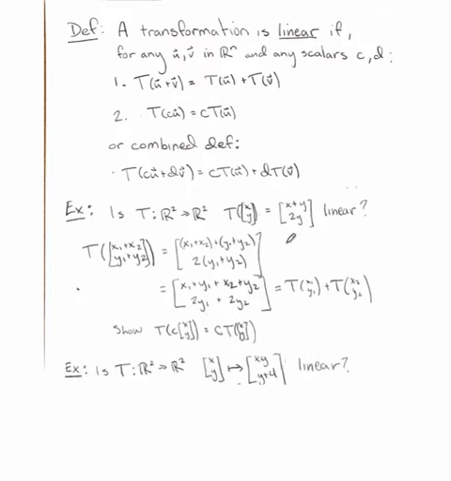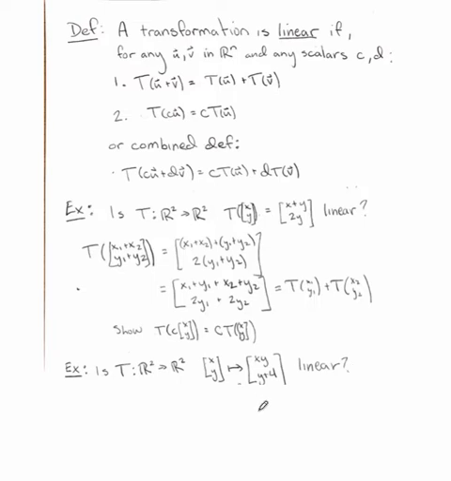Notice that whenever I was showing this was linear, I had to use general variables. It's not sufficient if I just said, let me check at (2, 2) and (2, 3), and it works. You've shown that it works for two points out of infinitely many, and that's not going to be sufficient. However, what's nice is that if we want to show something's not linear, we only have to show one point where it breaks.